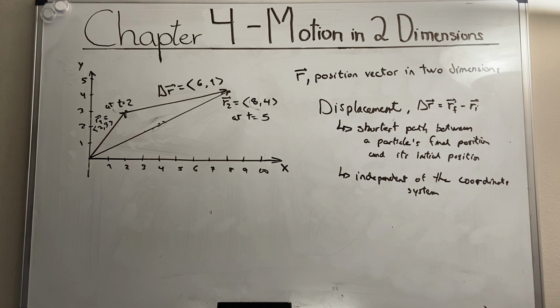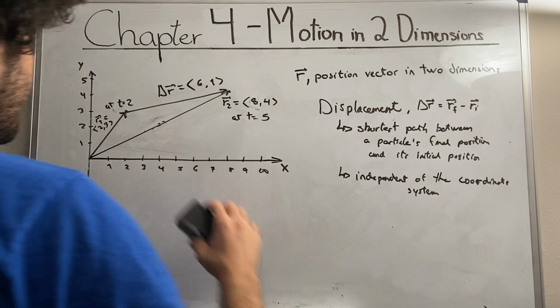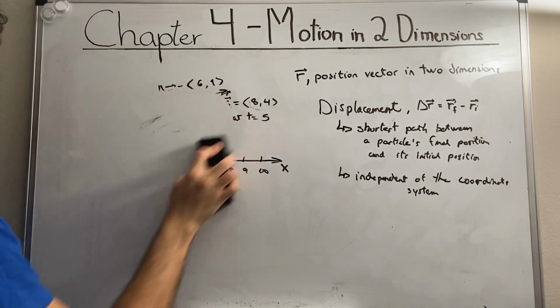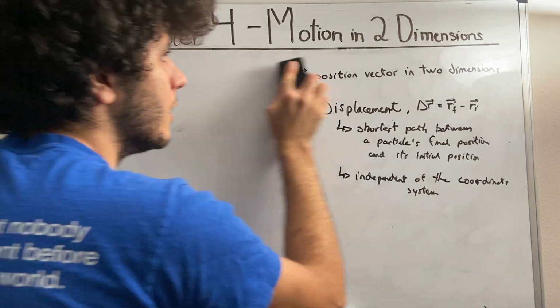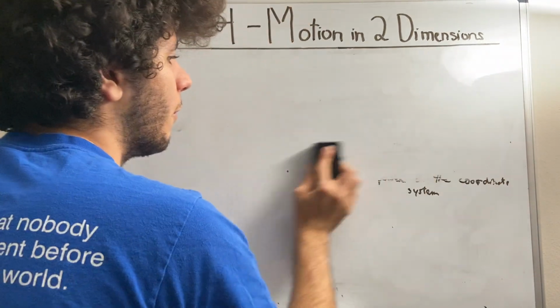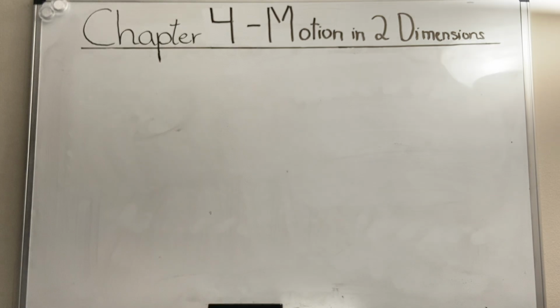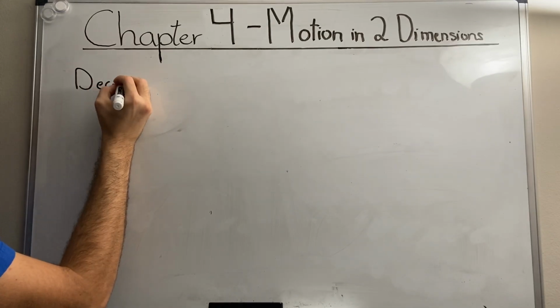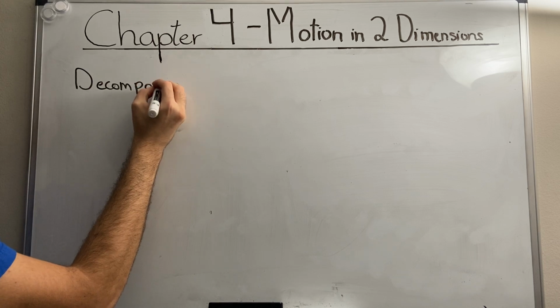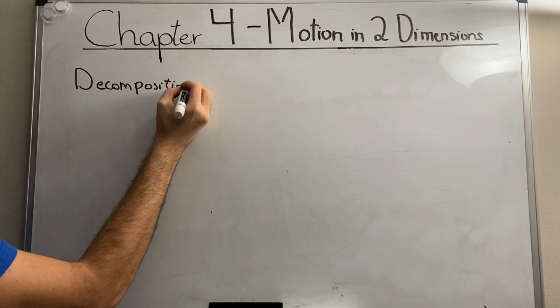All right. Now, this is great and all, but the main purpose of talking about motion in 2 dimensions is to do what we like to call decomposition of motion. And we're going to do so much of this.